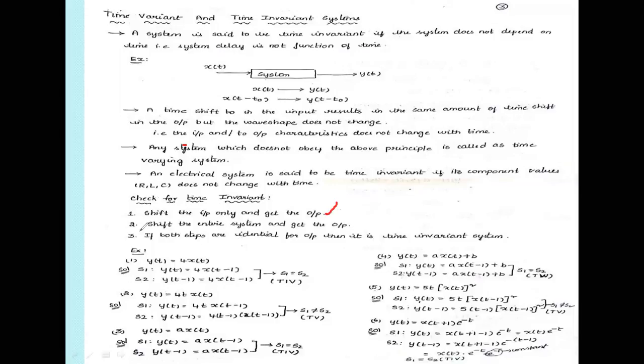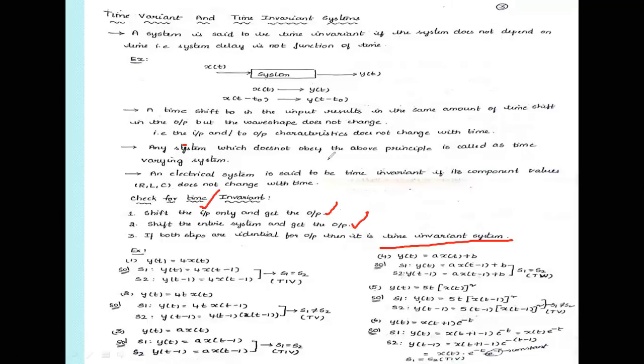The second step is to shift the entire system, meaning the entire given function, and get the output. If both steps give identical outputs, then it is a time invariant system. So you can take the first example.